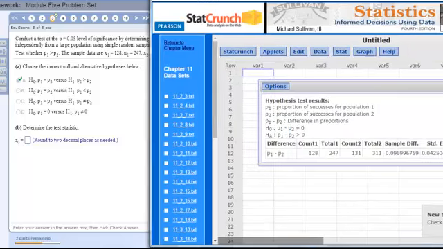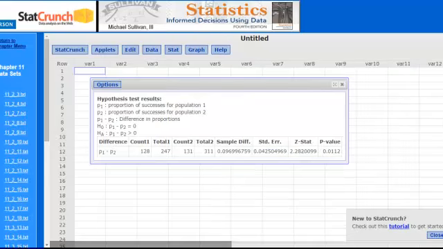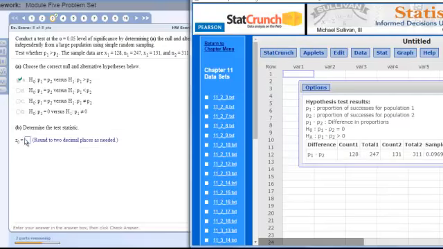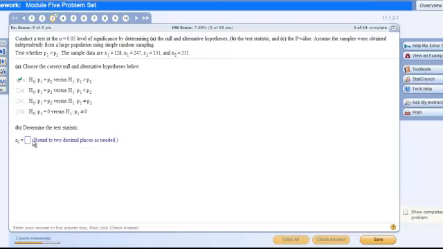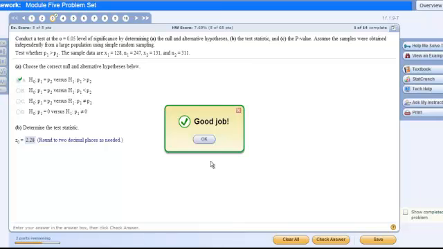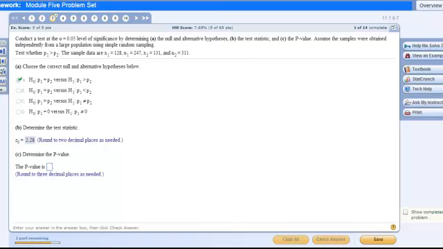And the test statistic, the z-stat, is 2.282. So we put this in here, 2.282. It says round to 2 decimal places, so we leave it like that.